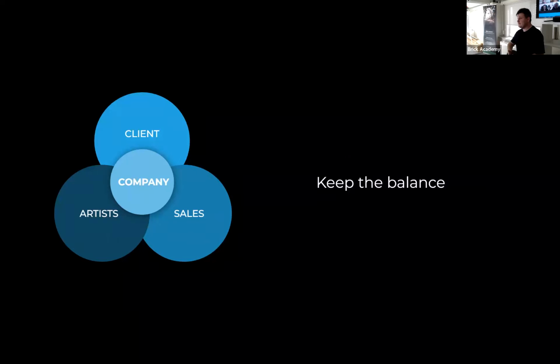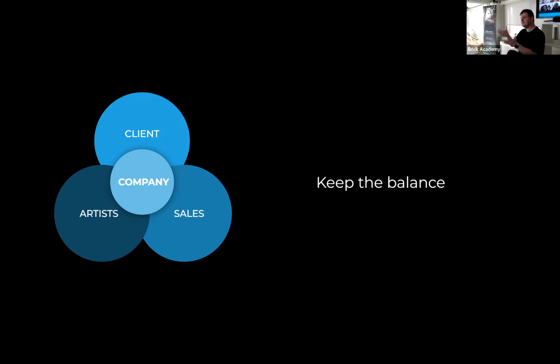We need to sometimes go against the flow, meaning that maybe an easier project with bigger money and bigger margins would be able to come in, but we have to say no to this because it's not good for the artists, because they are frustrated about certain projects.